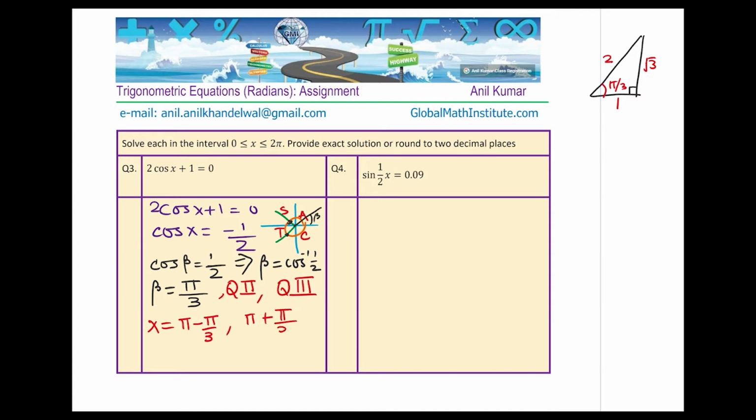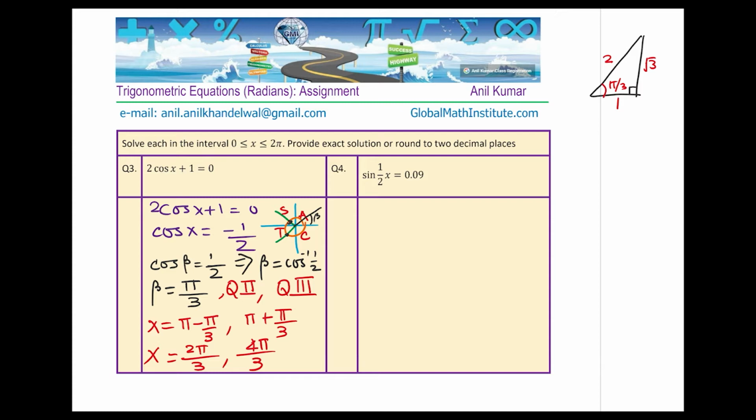Is that clear to you? So that gives you x value as 2 pi by 3, and 3 plus 1 is 4, so we can add 4 pi by 3 as your solution. So that becomes the answer for the exact value.